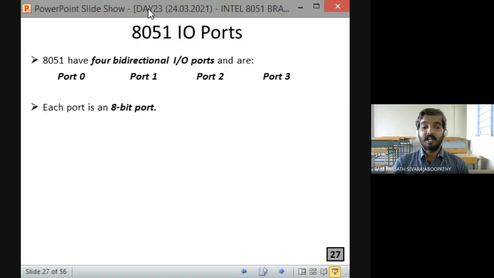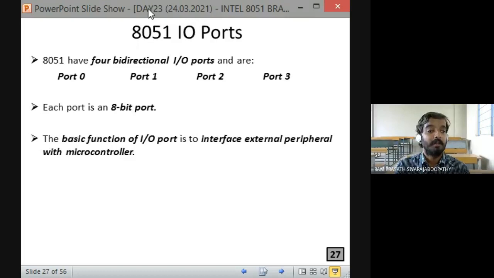We have discussed this in the lab session. If you want to write some content to port 0, which SFR will you use? No, P0 to P7 will not come. We have 4 ports, correct? For each port, very good, lovely. Port 0, port 1, port 2, port 3. 4 registers we have, each register for its corresponding port.